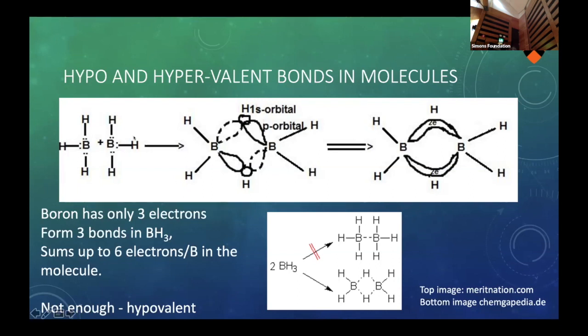So let's consider what's called a hypovalent molecule like BH3, where I have only 6 electrons around the boron. Because it has only 6, not 8, it's unhappy and wants to form another bond as indicated here to be happy, but there are no electrons to form this bond between 2 molecules.